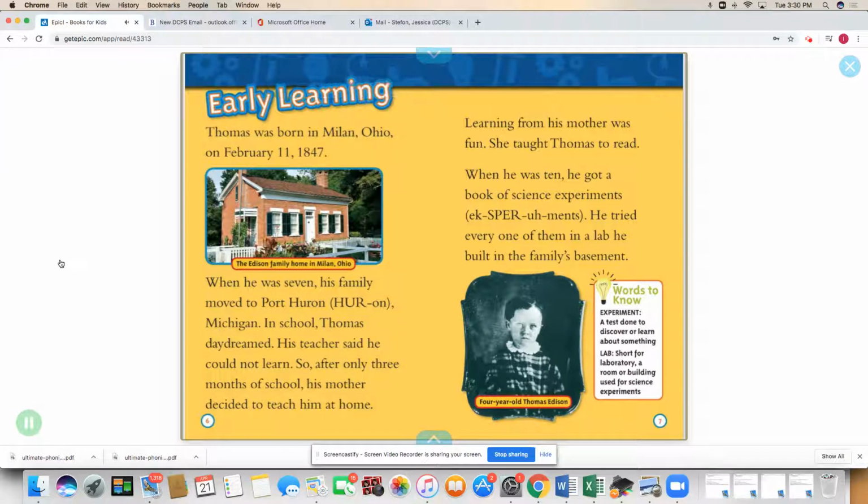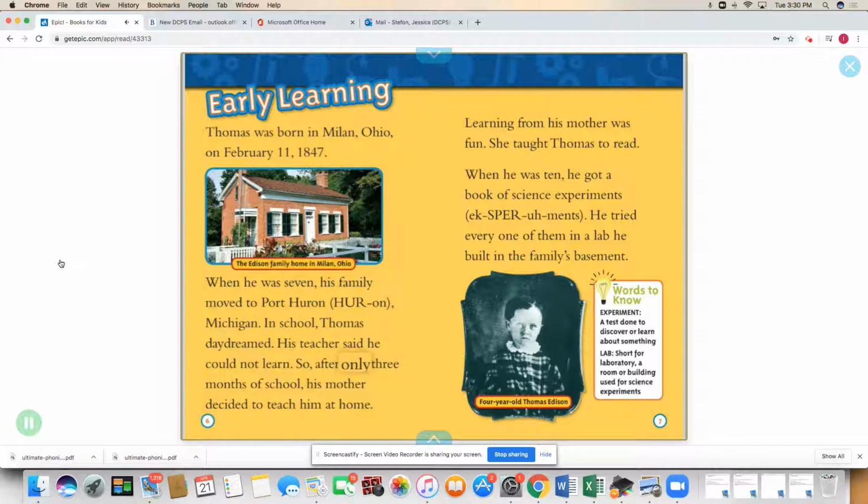Early learning. Thomas was born in Milan, Ohio, on February 11th, 1847. When he was 7, his family moved to Port Huron, Michigan. In school, Thomas daydreamed. His teacher said he could not learn.